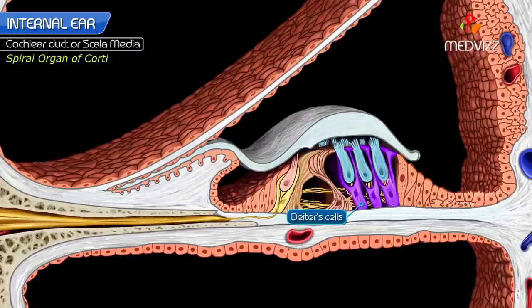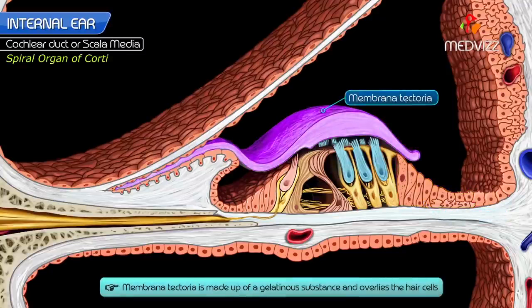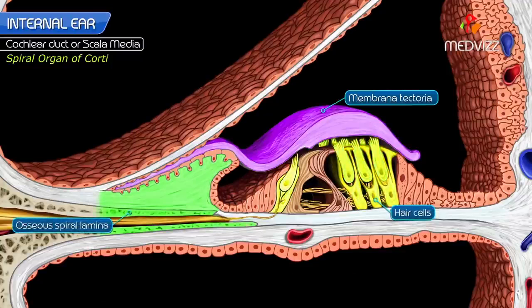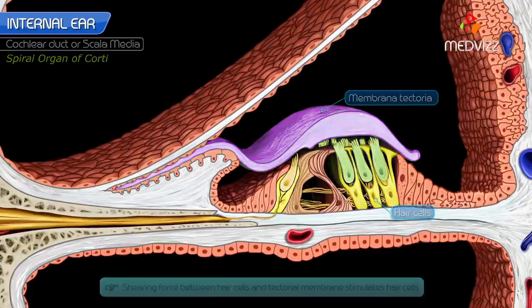The Deiters cells are situated between the outer hair cells and provide support to the latter. The Hensen cells lie outside the hair cells. Membrana tectoria. It is made up of a gelatinous substance and overlies the hair cells. Medially, it is attached to the osseous spiral lamina. The shearing force between the hair cells and the tectorial membrane stimulates the hair cells.